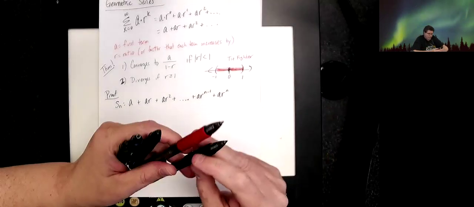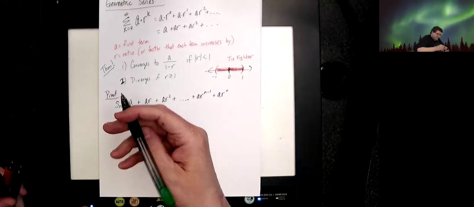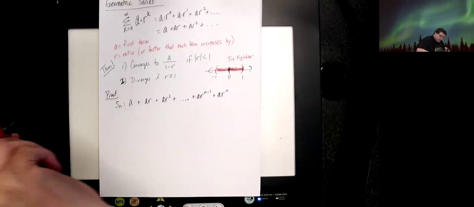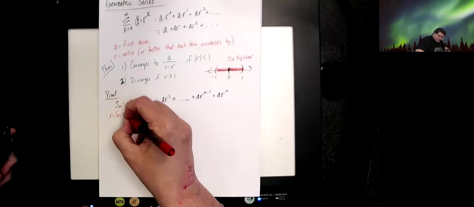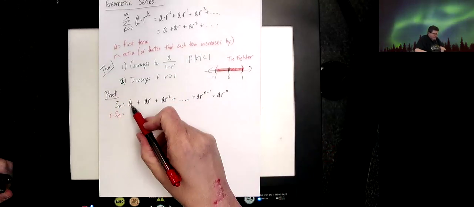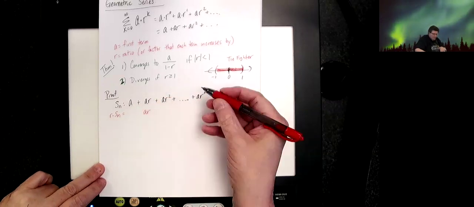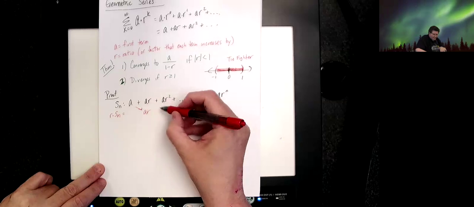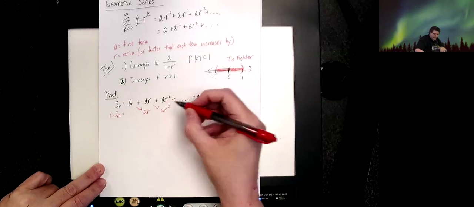And we are going to write what r times S sub n looks like. If we multiply S sub n by r, this becomes ar, and I'm going to write it over here. So that one's like there, and then ar turns into ar squared.